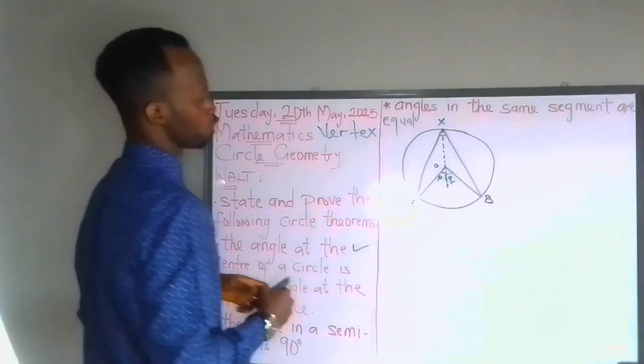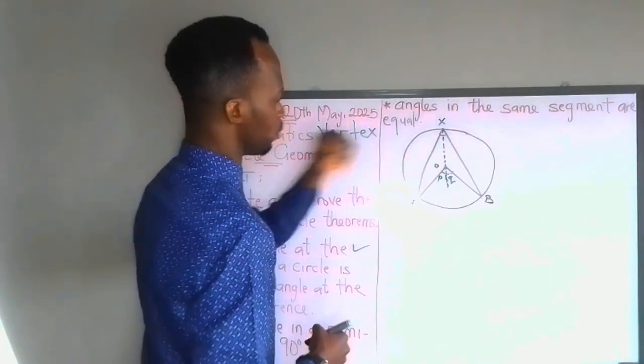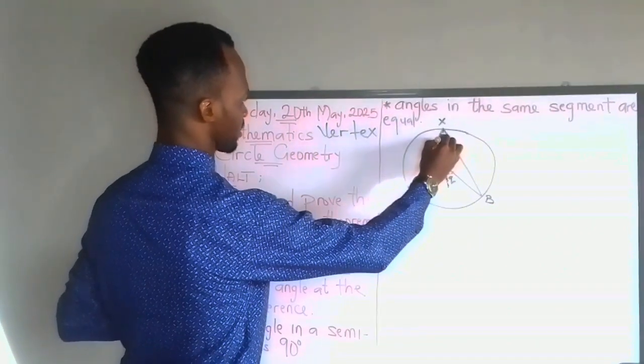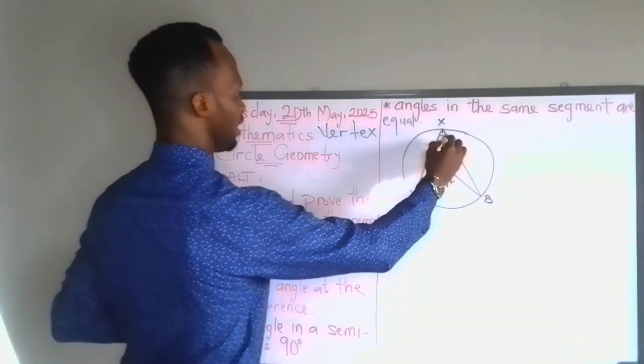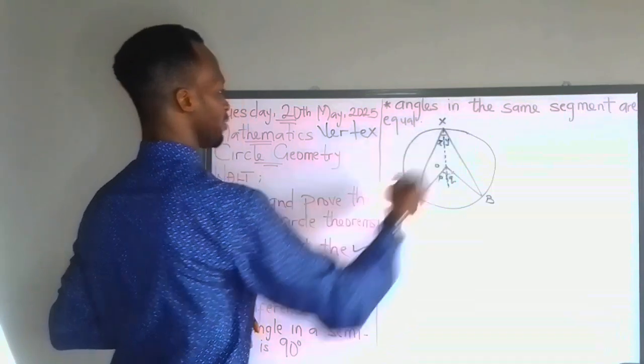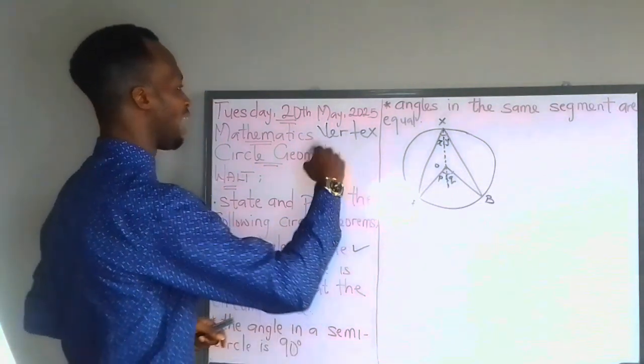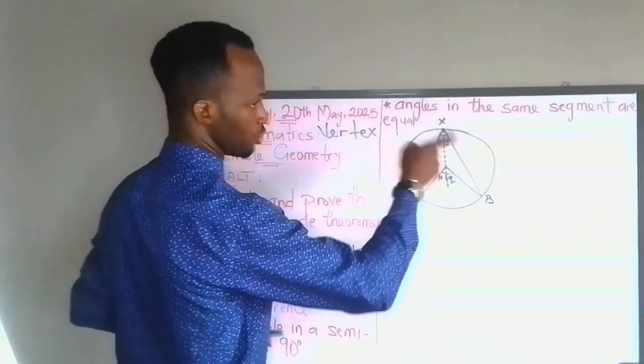Now I can also divide these two. Let's say this is small x, and this is Y. The line that I've drawn has divided these two angles into two.